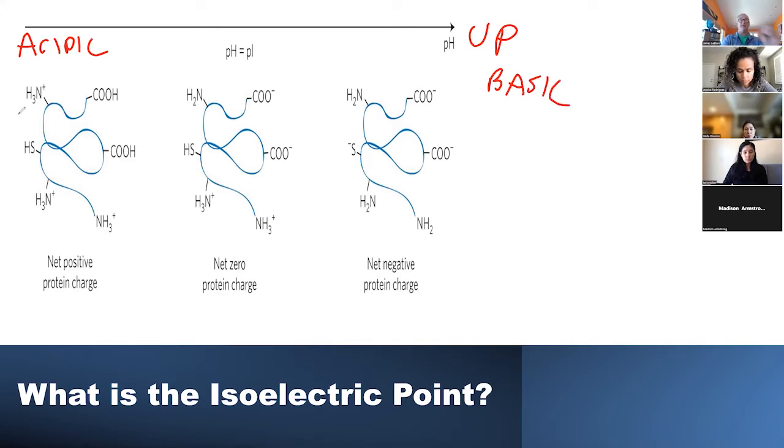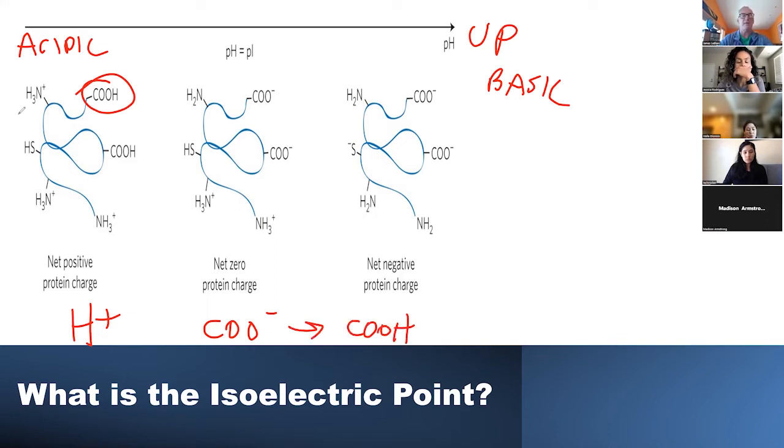So under acidic conditions, we have a lot more protons. So what's going to happen is that our acidic side chains are going to be uncharged because they went from having a negative charge to now having no charge because they have a proton added to them.